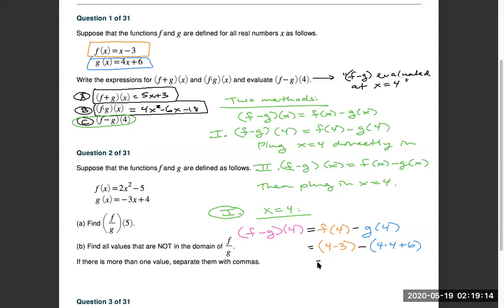So let's simplify algebraically. If you know where you can cut corners, you can do so, but just in case, let's go step by step. 4 times 4, that's 16 plus 6. Let's simplify inside the parentheses. That's going to be a positive 1 minus 22.